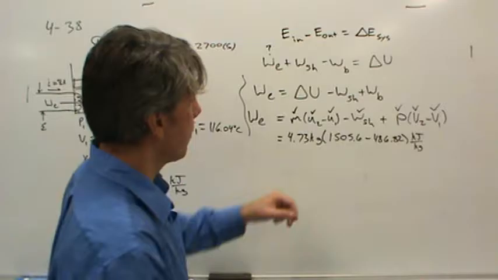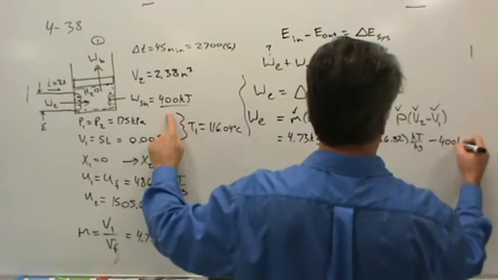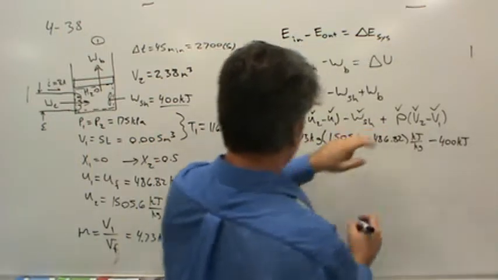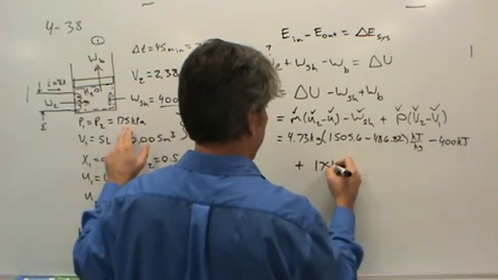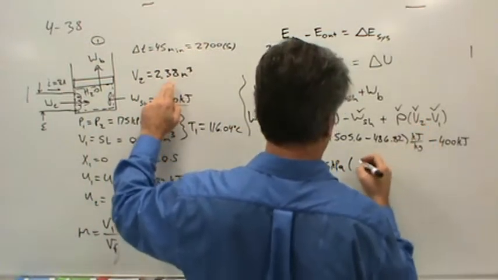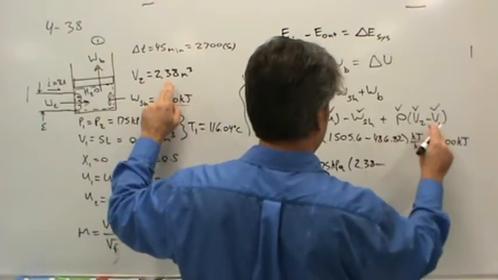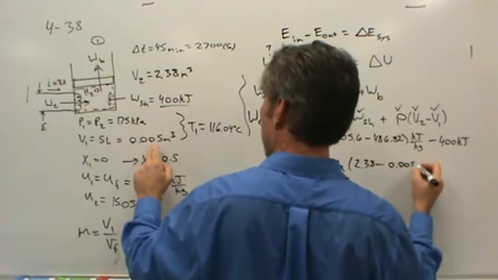That's just the first term. We have to subtract off the shaft work, which is 400 kilojoules, and then add the pressure, 175 kilopascals, multiplied by V2, 2.38, less V1, something tiny.